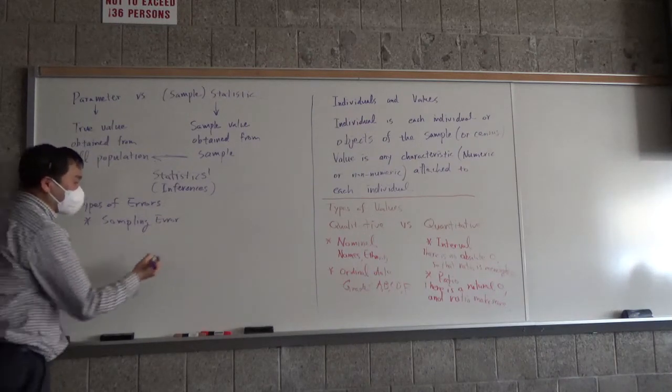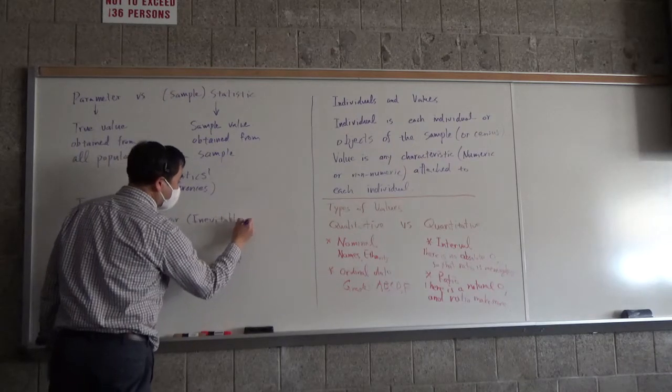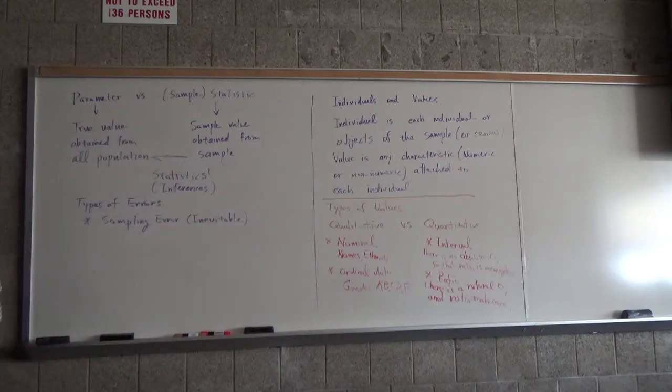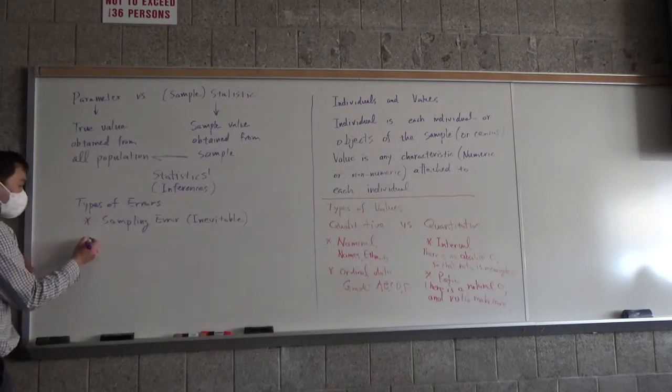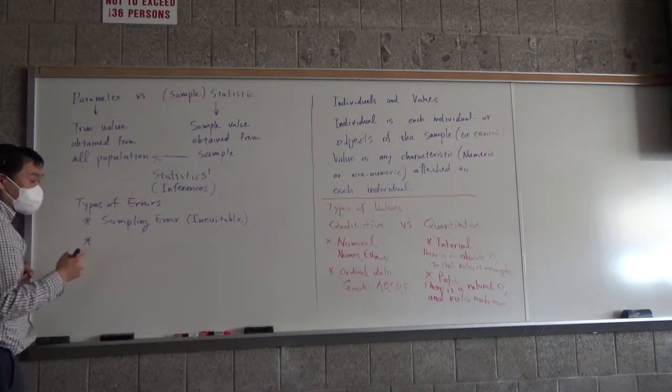It's just the limitation of not having the entire population's data. But there are some other types of error which you could avoid. And one is called the non-sampling error.